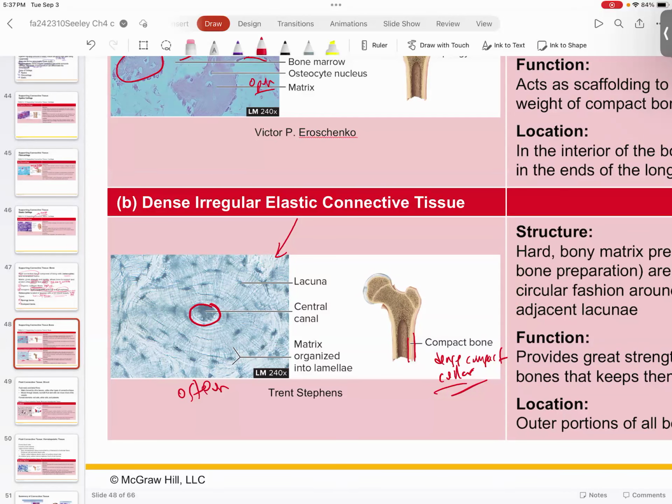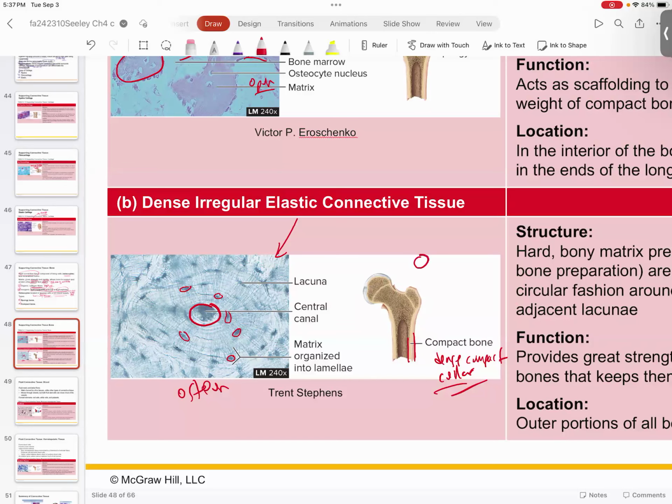And then around it, you're going to see these little black circles. Those are little osteocytes that are inside their little lacuna, their little openings. And what they've done is they basically laid down concentric rings of what we call lamellae, or bony tissue. And so it looks something like this.